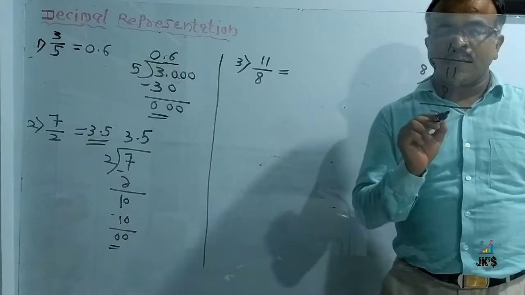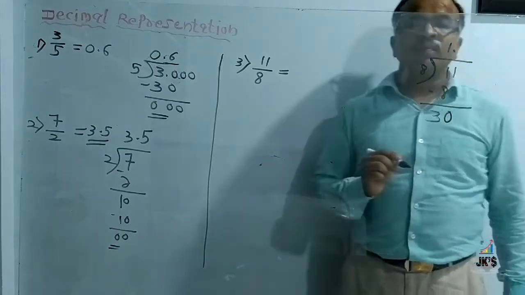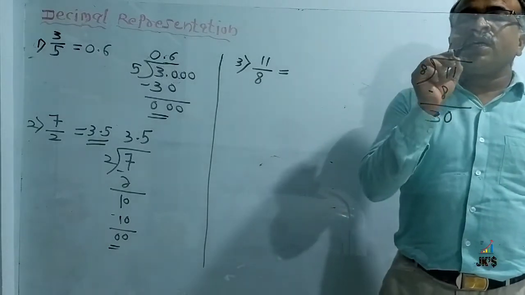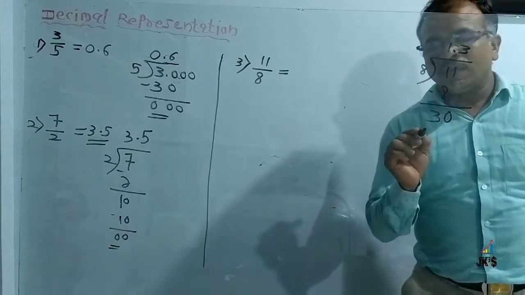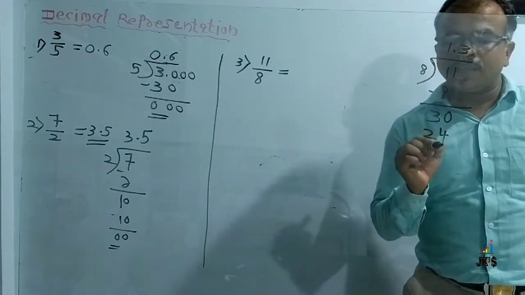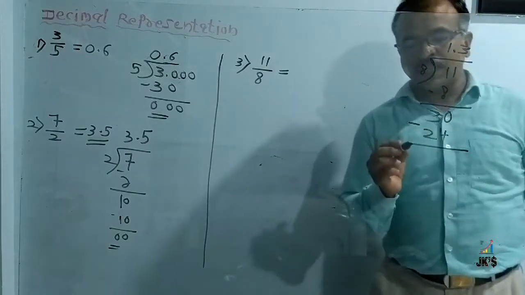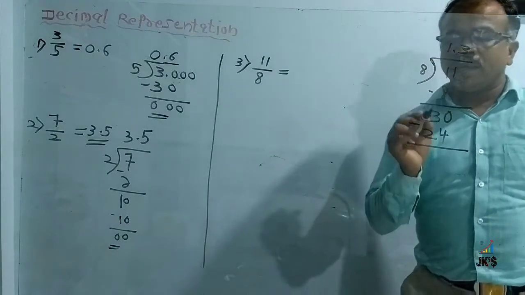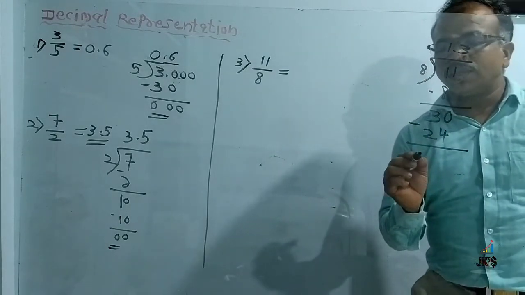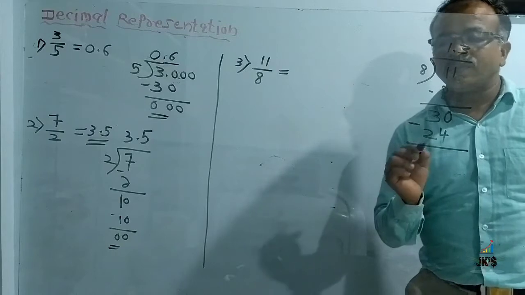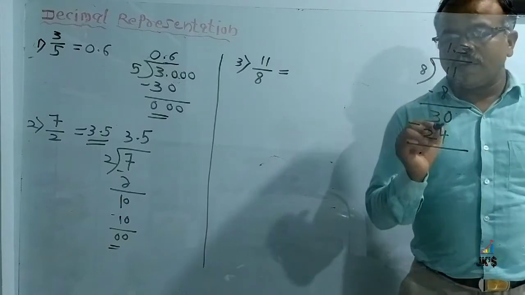It becomes 30. 8 threes are 24. 30 minus 24 is 6.